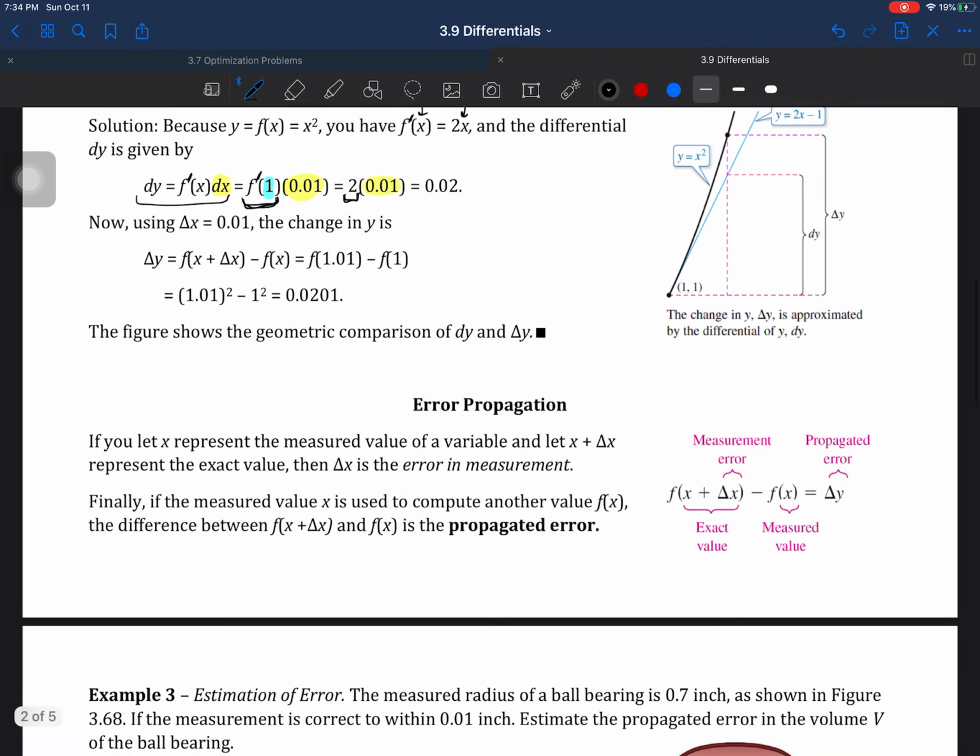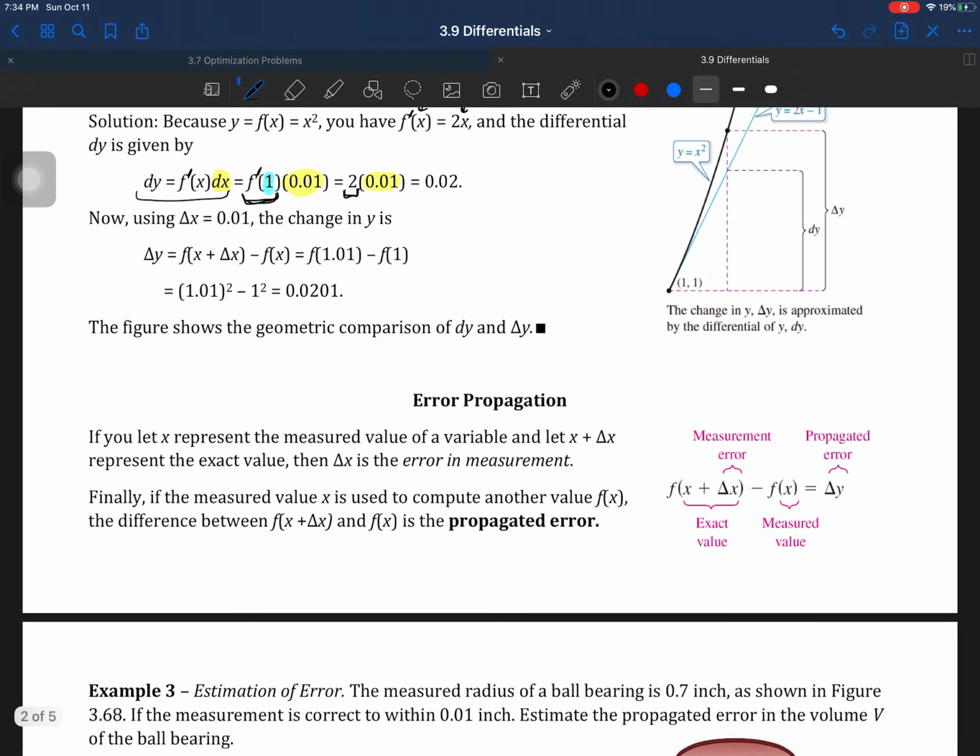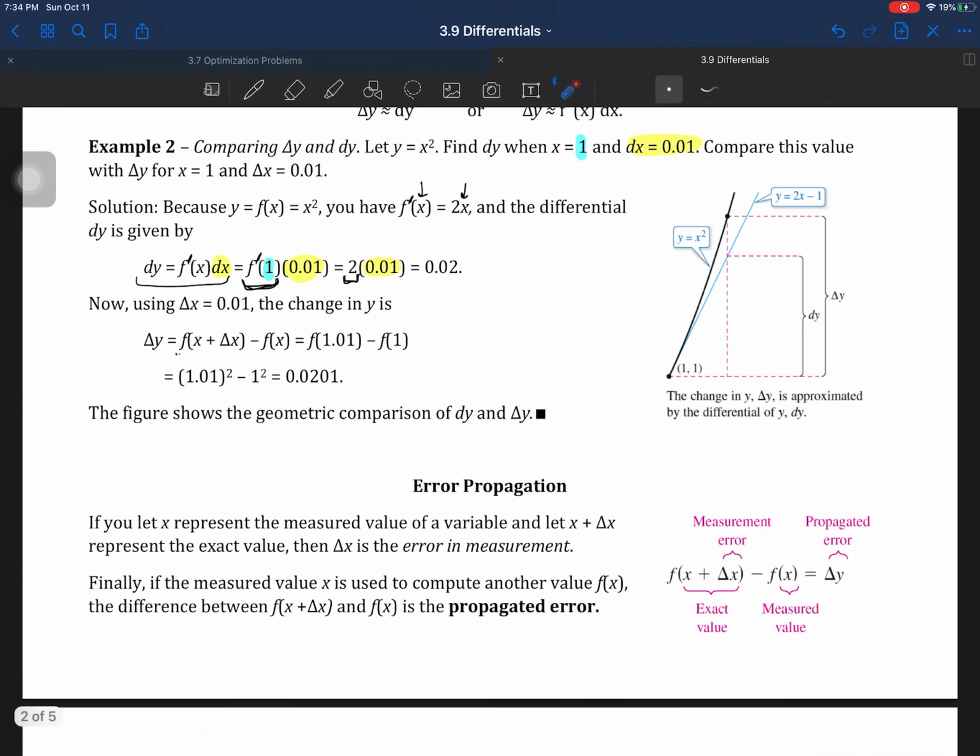For delta y, we have to be clear on the definition of delta y. It is the difference between your y's. So the way we're going to do it is say the difference between y's is f of x plus delta x minus f of x. What is x plus delta x? Well, all you have to do is add x to delta x.